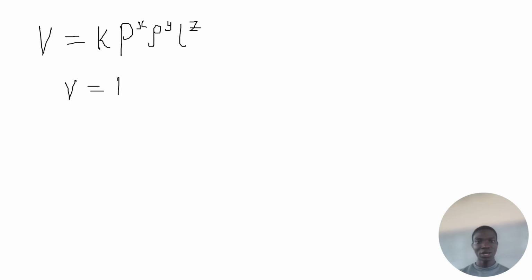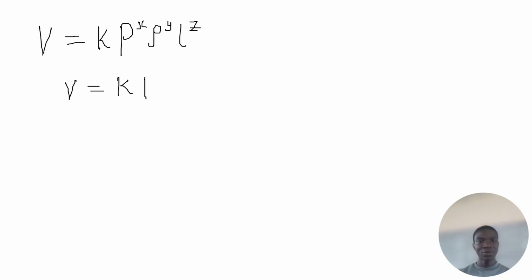So we go back to the very beginning, the equation that we wrote. v equals velocity equals k, which is a constant of proportionality. Now we have p raised to power x, density raised to power y, and length raised to power z. Okay, and if we substitute these values for x, y, and z, now we have v equal to k.